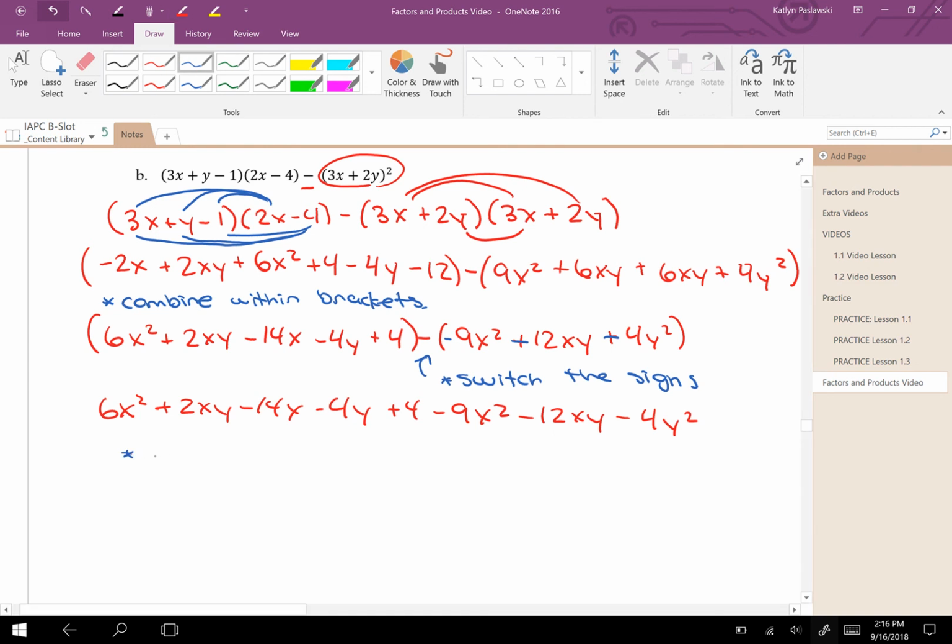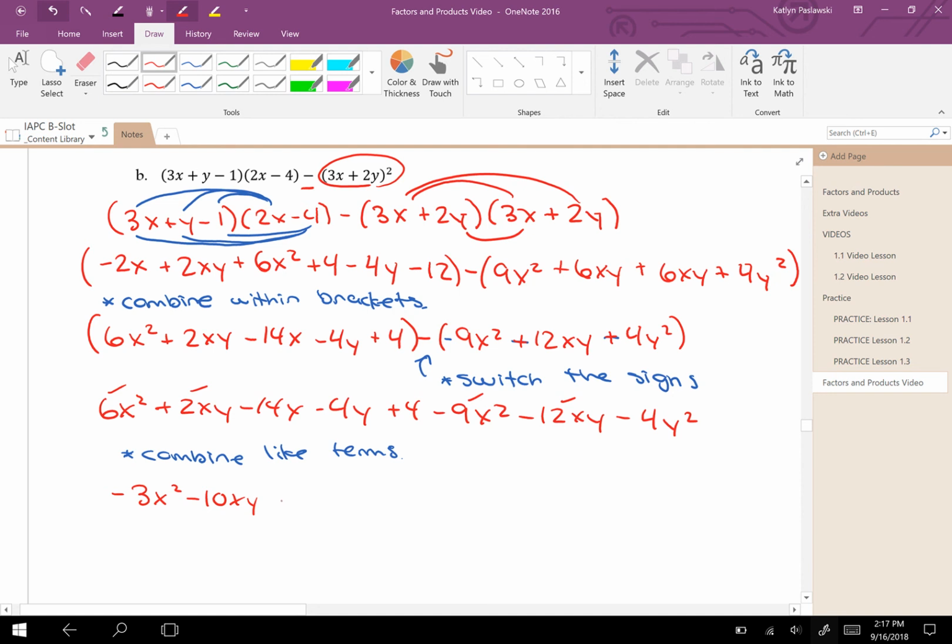Finally, I'm going to combine like terms. So this will give me, looking at x squared, I have 6x squared minus 9x squared, so negative 3x squared. Looking at xy, so I have 2xy minus 12xy is negative 10xy.